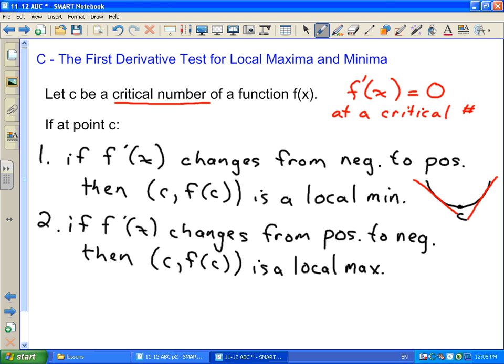Because then we would have point c like this. On one side, our derivative, or the slope of the tangent, is positive. Over here, the slope of the tangent is negative. At c again, the slope of the tangent is 0. So this is clearly a local maximum.